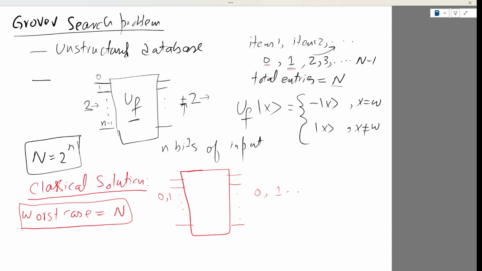Okay, so the classical algorithm requires n queries, and what Grover found is that this problem can be solved much faster on a quantum computer.